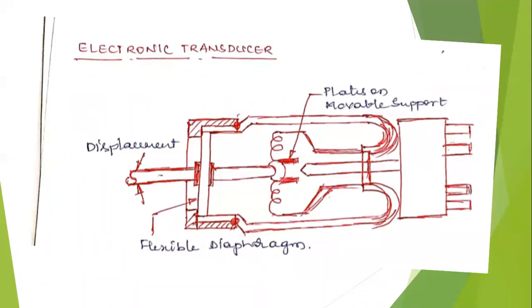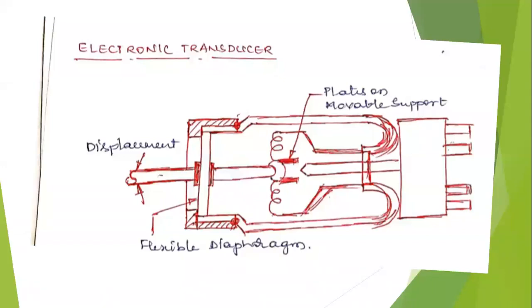A good example of an electrical transducer is the LVDT, linear variable differential transformer. Remember, the LVDT, linear variable differential transformer, is considered an electrical transducer.